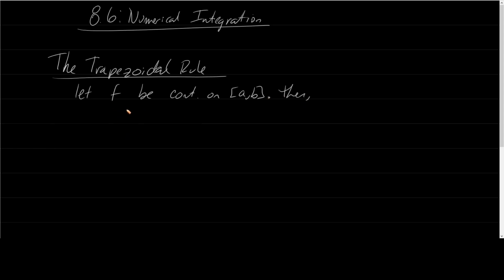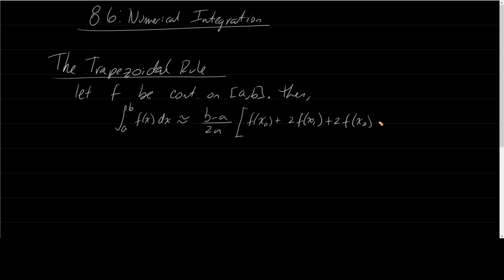Then the integral from a to b of f of x dx would be approximately (b minus a) over 2n times f of x naught plus 2 f of x 1 plus 2 f of x 2 plus 2 f of x 3, and so on, until we get to plus 2 f of x n minus 1 plus f of x n. And that's what that integral will be approximately equal to.